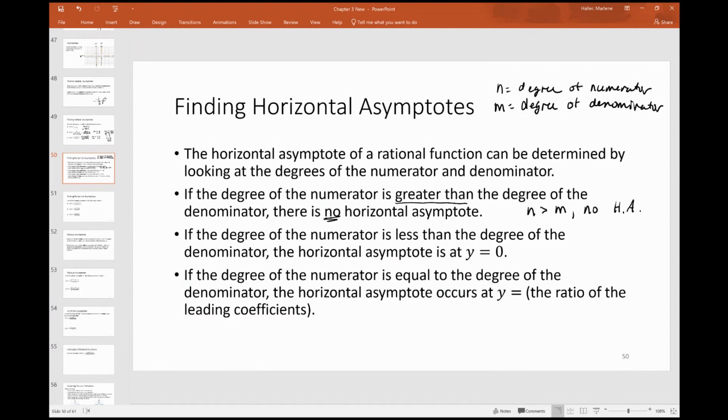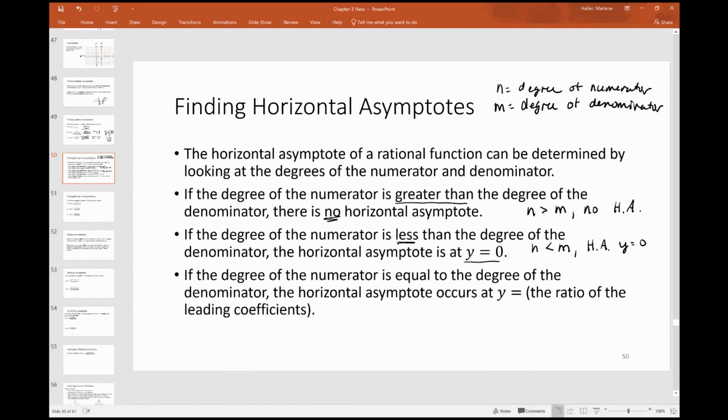But if the degree of the numerator is less than the degree of the denominator, there's going to be a horizontal asymptote at y equals 0. Right. So if n is less than m, the horizontal asymptote is going to be y equals 0.